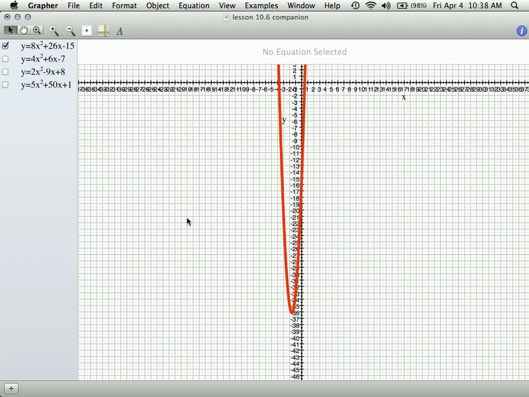What else? Dalton? Okay, we translated down 15 units. Okay, what else? You don't recognize it? Oh, yeah, it's the parabola to the equation we just solved.